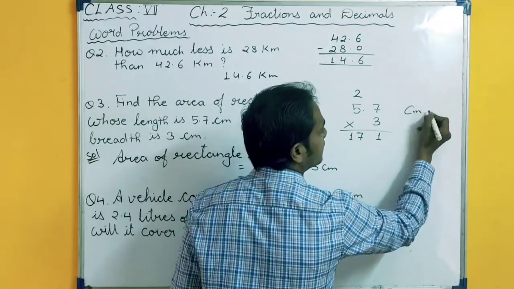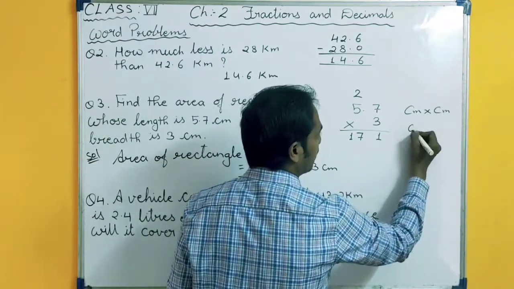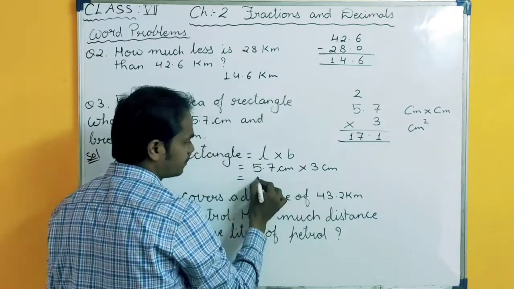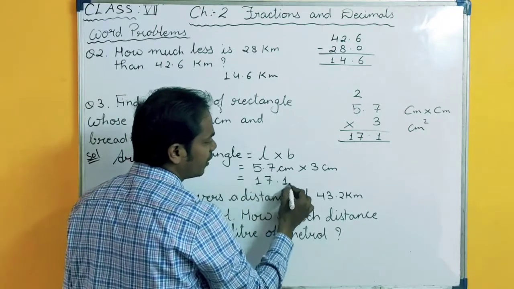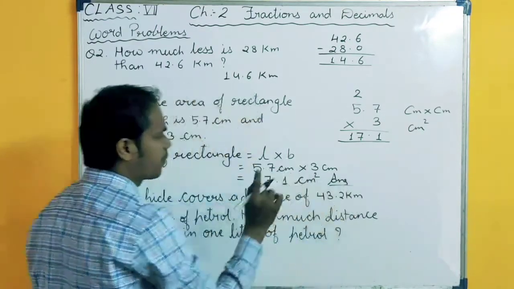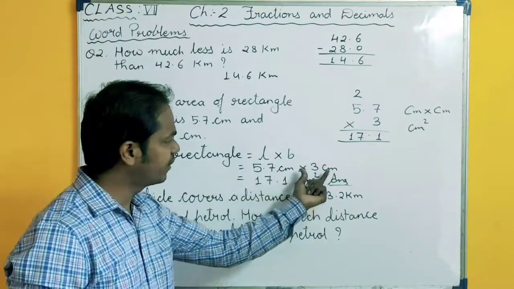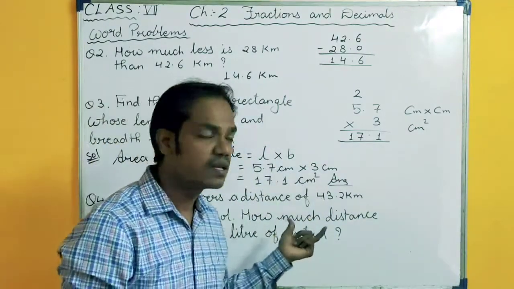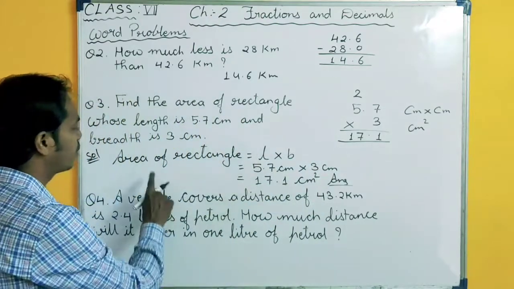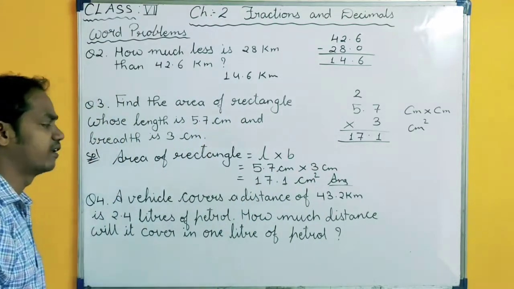When you multiply centimeter into centimeter, it will become centimeter square. So finally what you will write? 17.1 centimeter square. This is the proper answer. If you do not write this centimeter square, your answer will be considered wrong. Okay. So this is multiplication and this is the formula to find area of a rectangle.